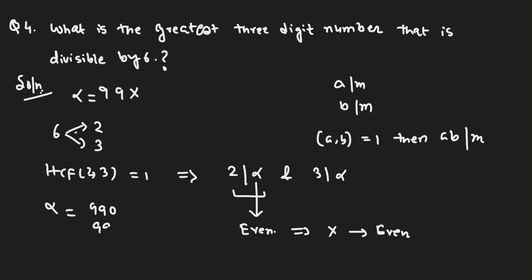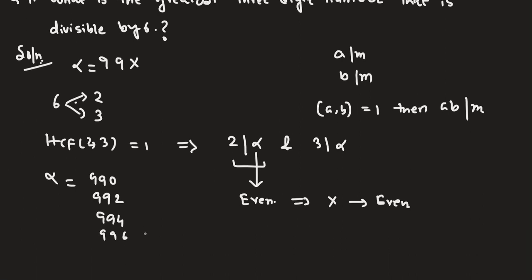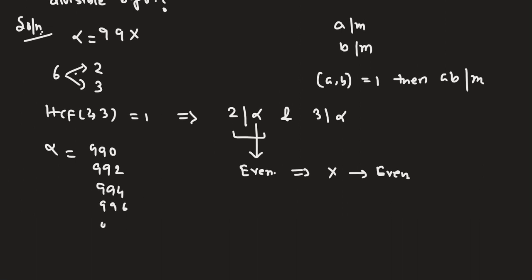So now since x is even, the possibilities of alpha are 990, 992, 994, 996, because these are the even numbers, 998. So now since the number is also divisible by 3, the rule of divisibility is the sum of the digits must be divisible by 3.